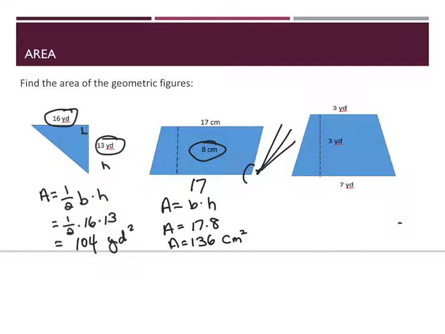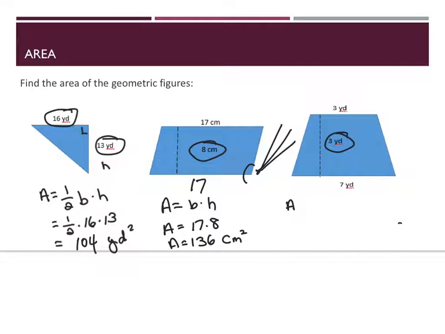The last one is a trapezoid. A trapezoid is a still four-sided figure. It has two parallel sides, which are your two bases. Now you have two different bases of two different sides. Your height still connects the two bases, but since they're not the same amount, what we have to do is average the two bases.